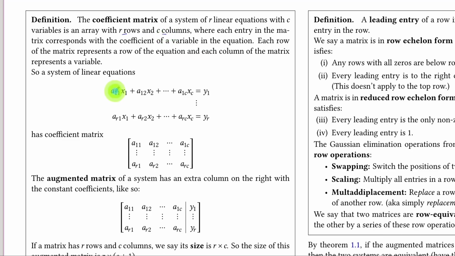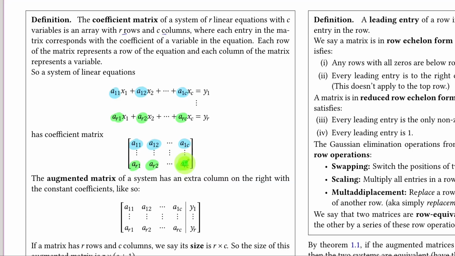So, for example, all of the coefficients in equation 1 are now going to be row 1 in the coefficient matrix. And all the coefficients in equation r are now the entries in row r of the coefficient matrix.